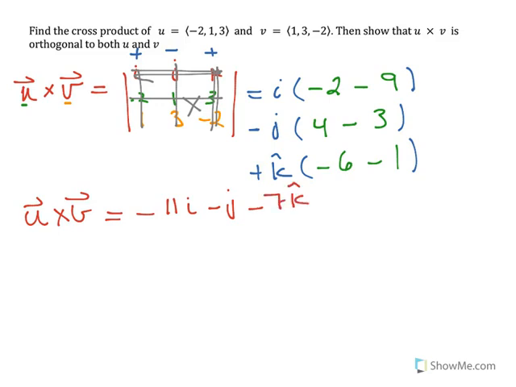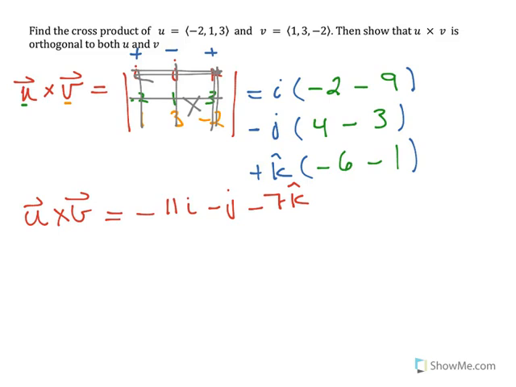I need to use this vector to prove that it's orthogonal to both u and v at the same time. So on a separate page, I'm going to take a copy of that: minus 11i, minus j, minus 7k.